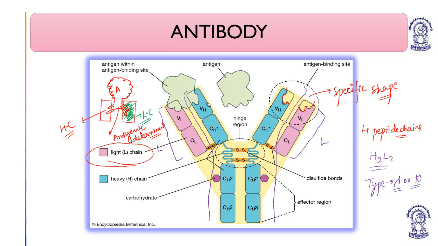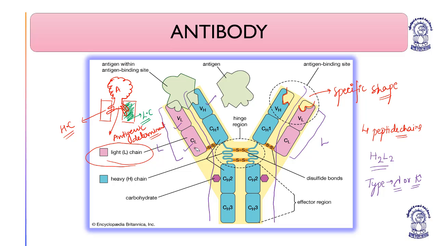This is the variable region, okay, which have the capacity to change the sequence of amino acid according to the antigenic determinant or the antigens. Okay, so these are the variable regions of the heavy chain. These are the variable regions of the light chain.